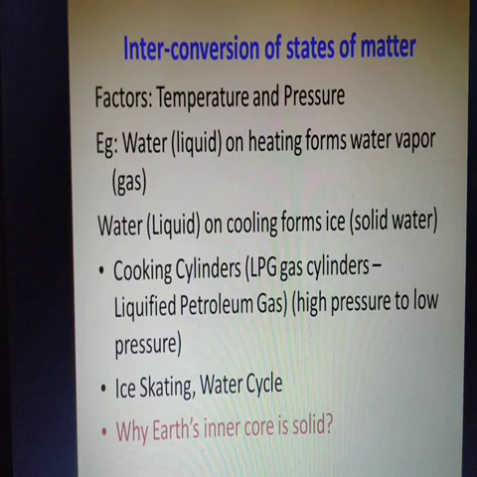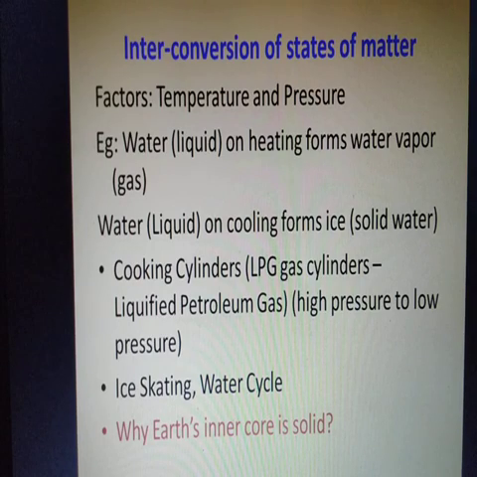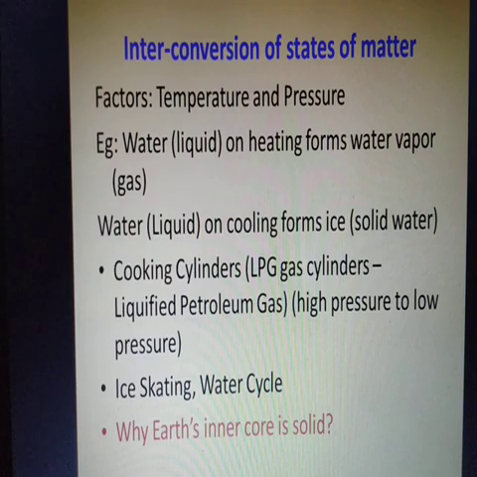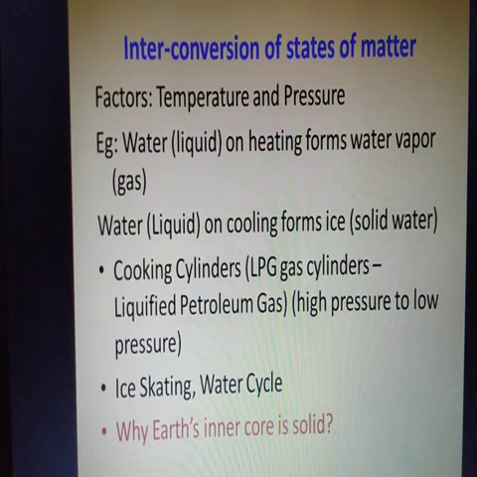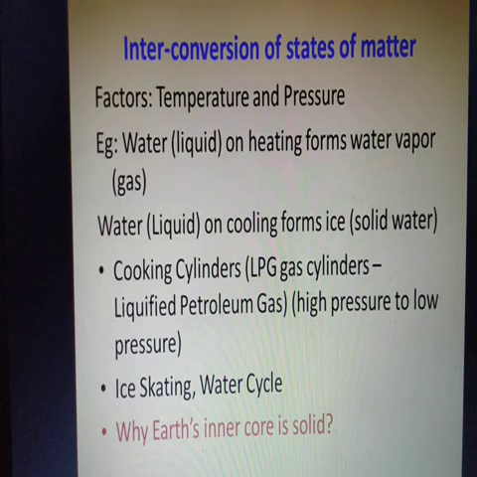When I'm standing on those blades, my entire body mass gets concentrated on the tip of the blades, and when it glides, my body mass always stays concentrated on the tip. For that reason, the ice under that point gets converted into liquid.